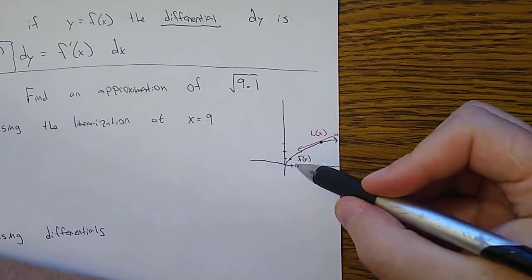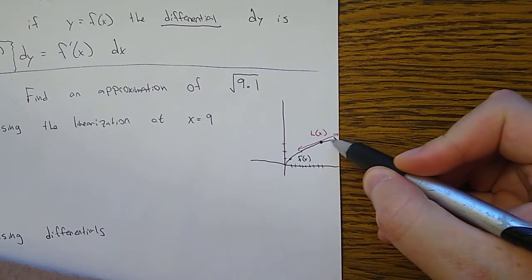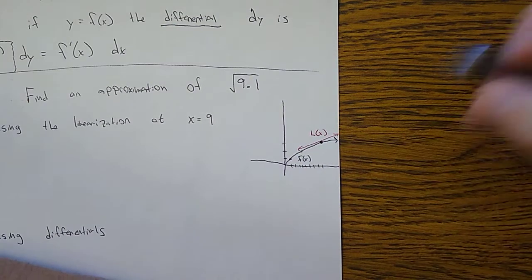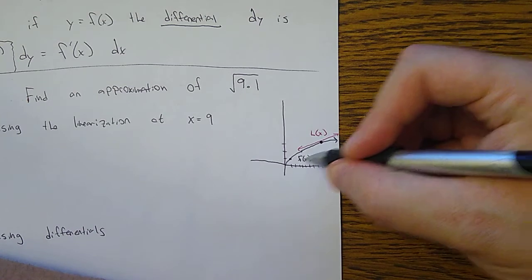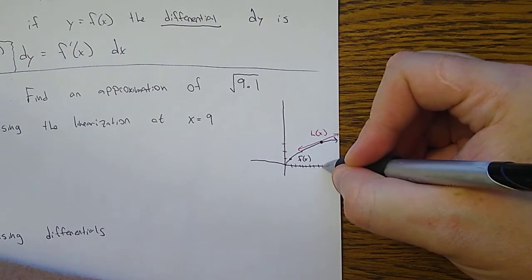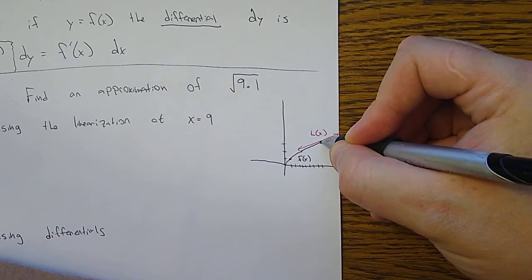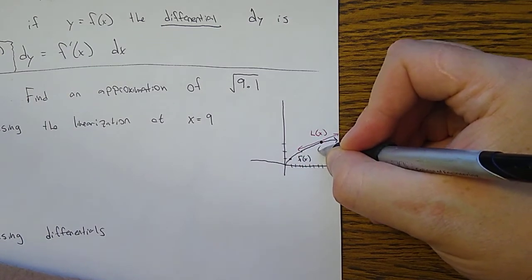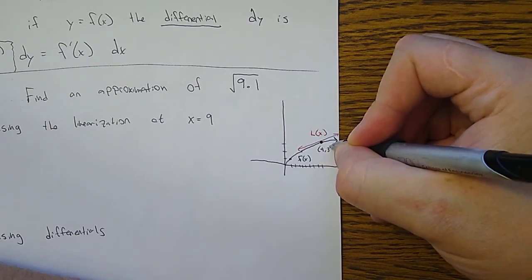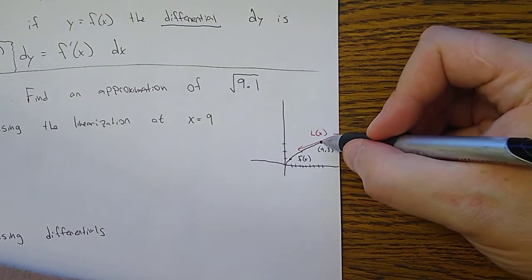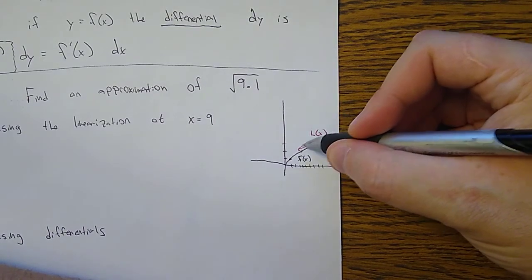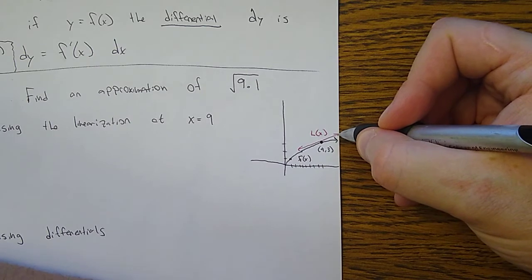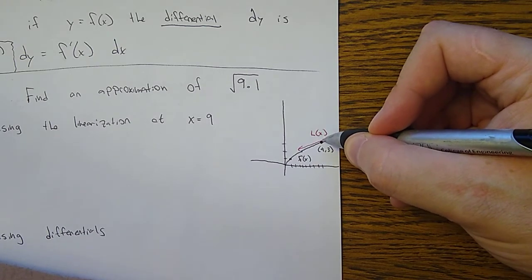What we're really doing here is, here's a graph of the square root of x, and here, I know it's small, but here's x equals 9. So we know this point: 9 comma 3. I'm going to find the linearization, that's the red line, at this point.